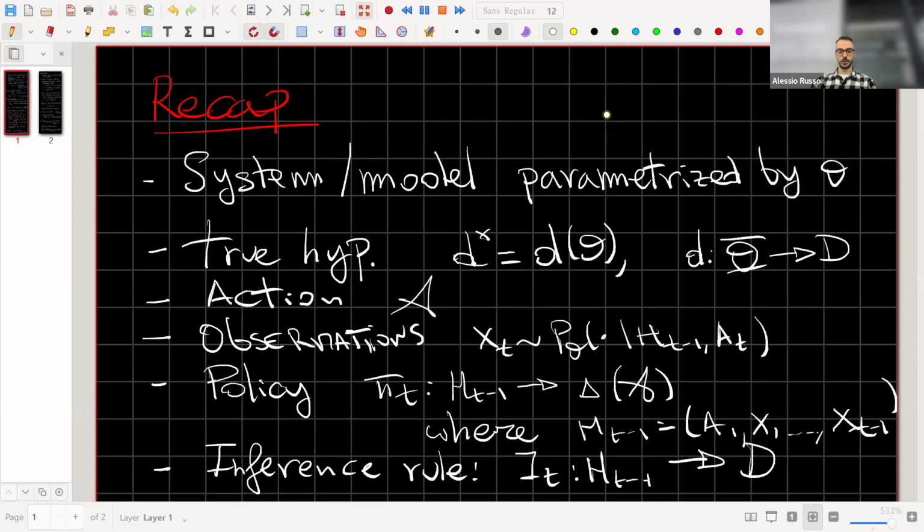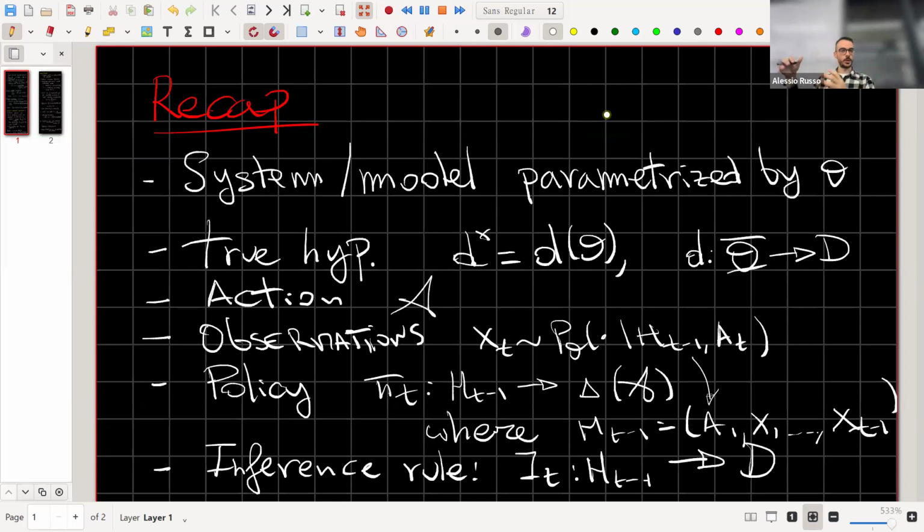So this h_{t-1}, you can see it here. It's the sequence of all the past data, the action in the first round, the observation in the first round, and so on. So based on all the previous interaction, you will observe a new observation when you choose what to do next.